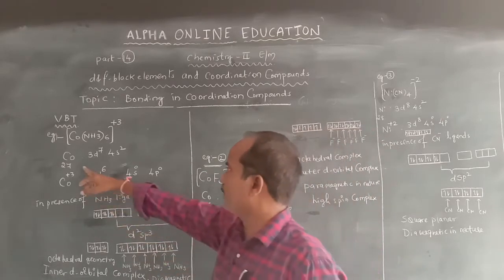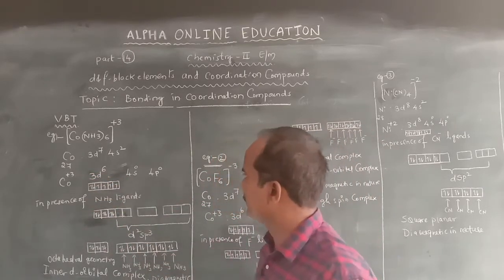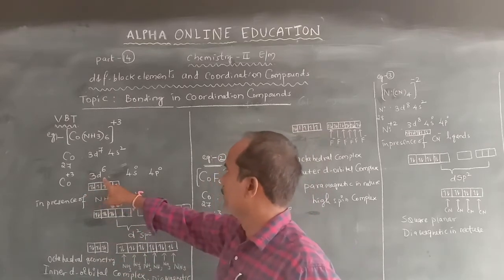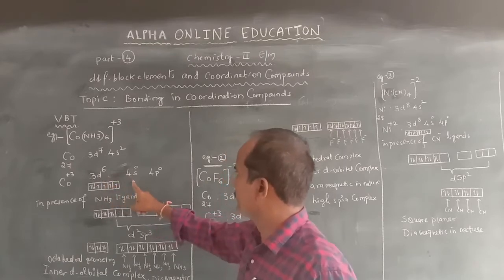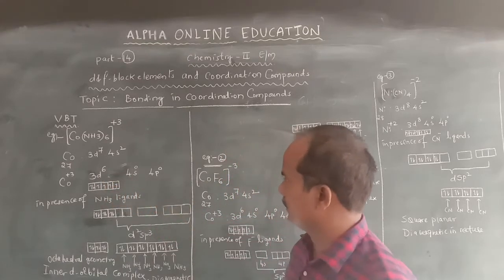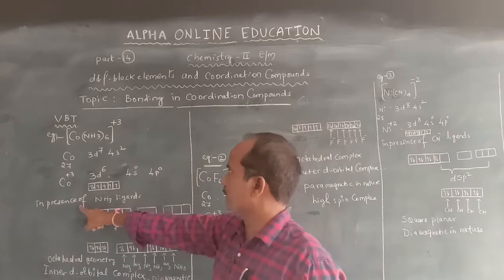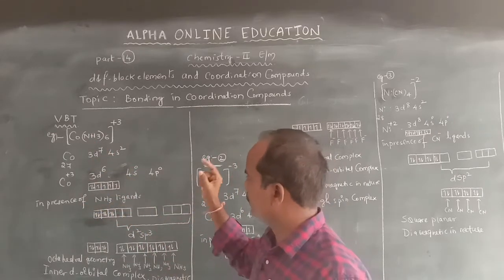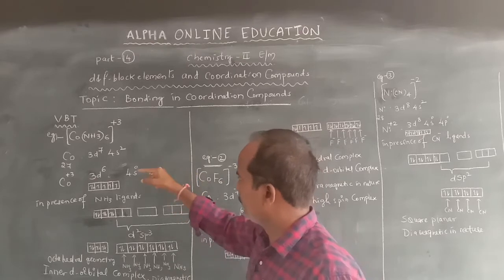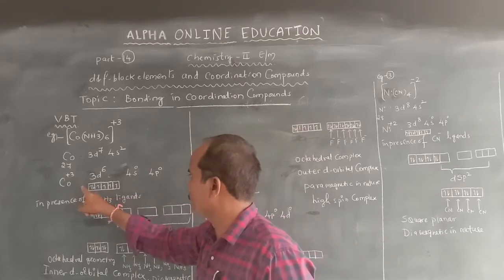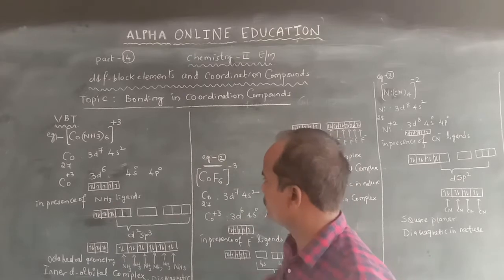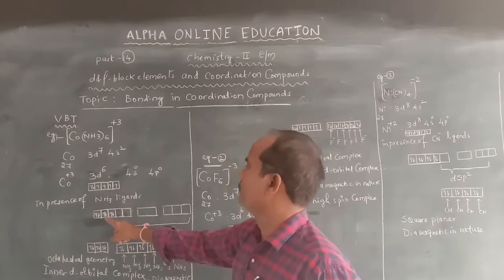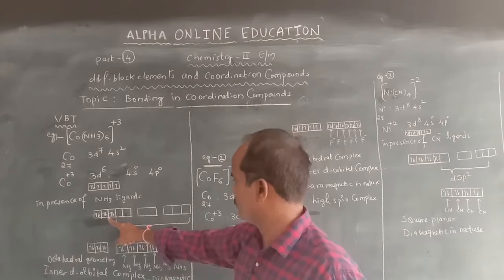Cobalt's atomic number is 27, with configuration 3d7 4s2. In the +3 oxidation state, it is 3d6 4s0 4p0. In the presence of ammonia ligands, the d orbitals of the Co3+ ion have their unpaired electrons paired up against Hund's rule.